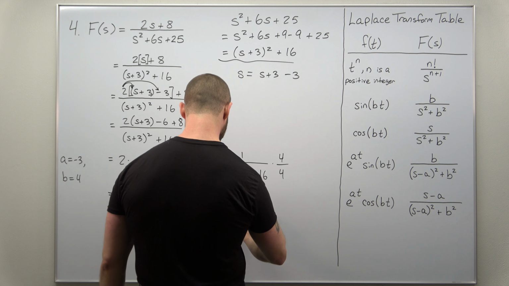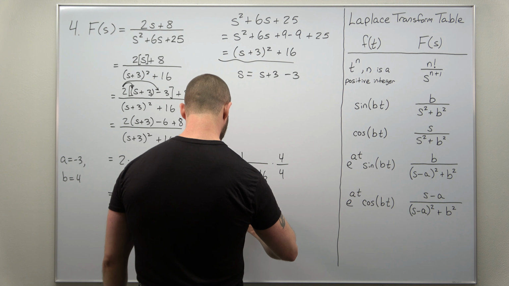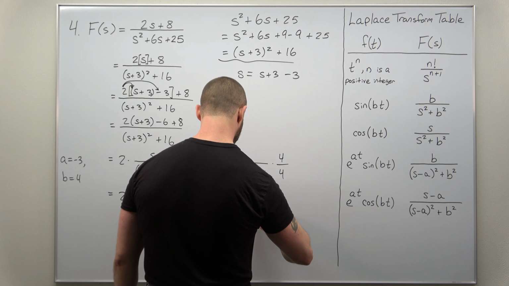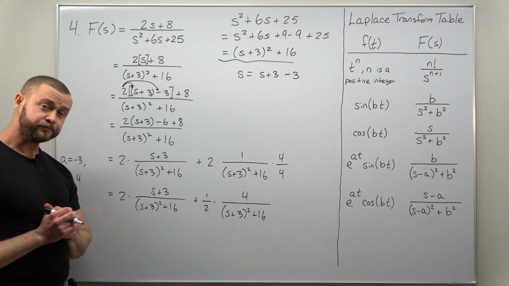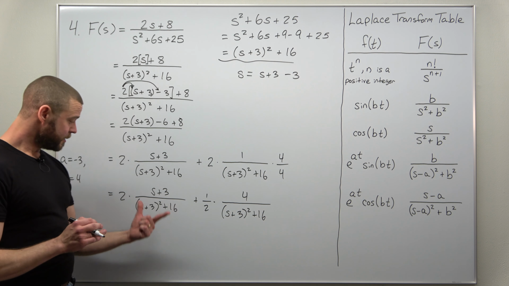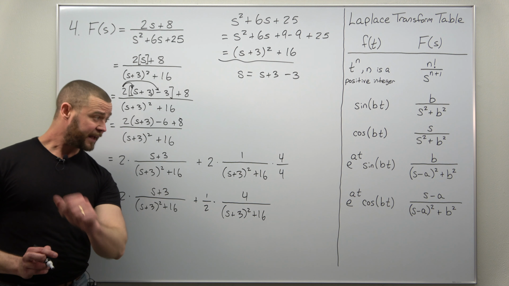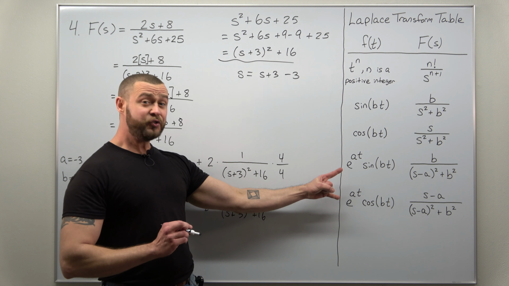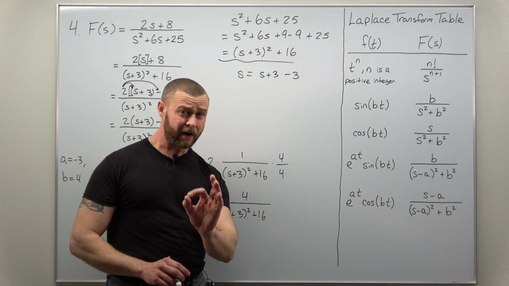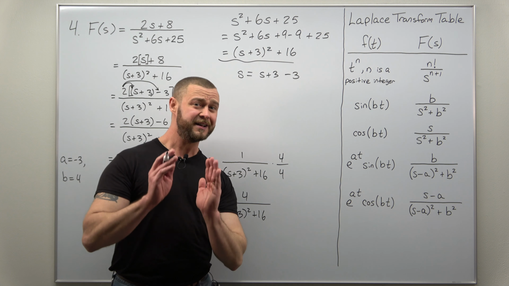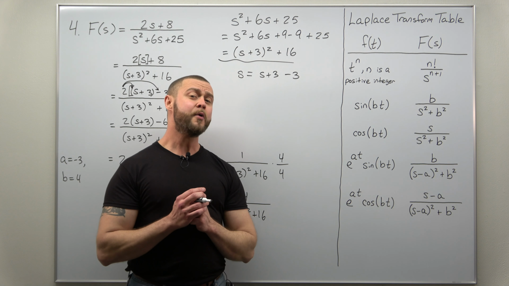So let me move it into the numerator, and keep the denominator the same. And now we're basically done. Both fractions match exactly the last two Laplace transform pairs, and it is a lot of work, but it's all very straightforward, tedious work, provided you know how to implement it.